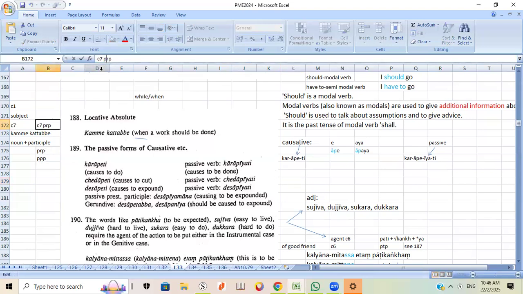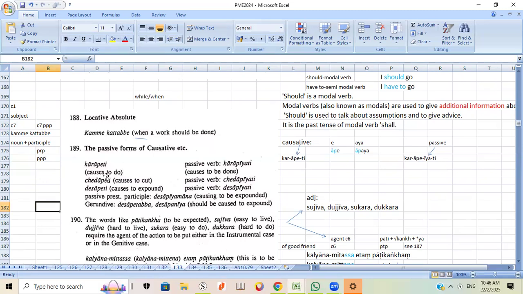PTP is a PRT. You need this and this, any one of them also can, as long as it can be present participle or past participle, and this type of form is also allowed. So you have to look at the sentences. It must be a participle. Okay, thank you.